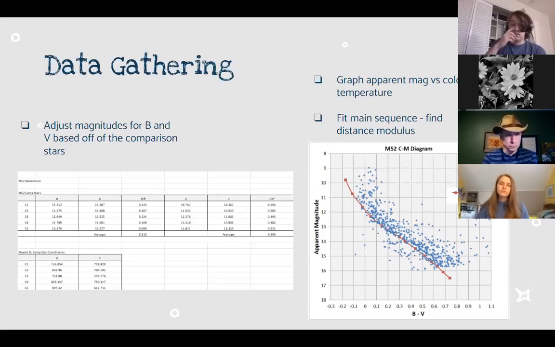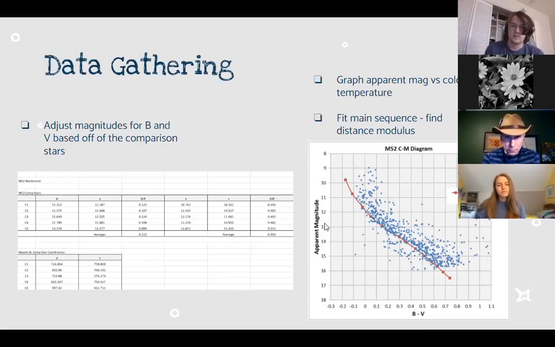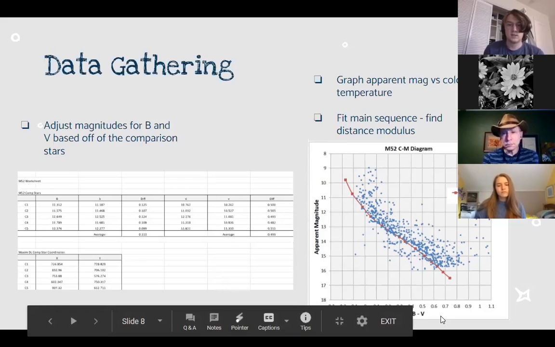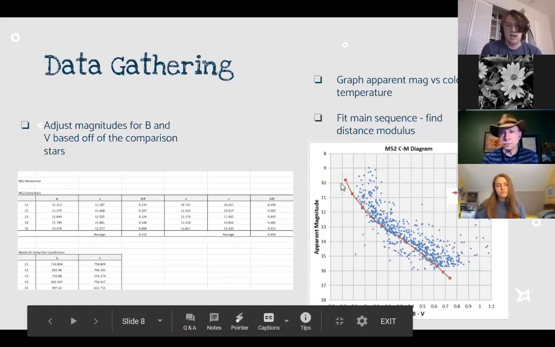Then, as Savannah talked about a little bit earlier, we plotted the color magnitude diagram of the M52 cluster. From this, we were able to fit the main sequence, which is that red line there. And from that, we could determine the distance modulus.